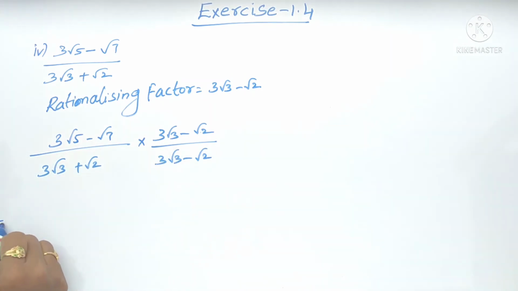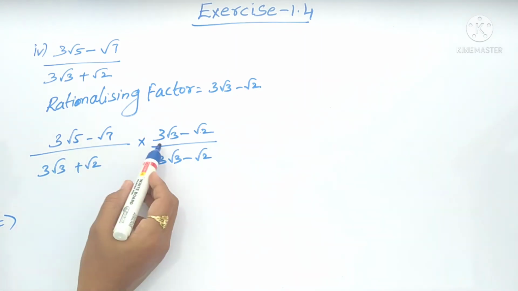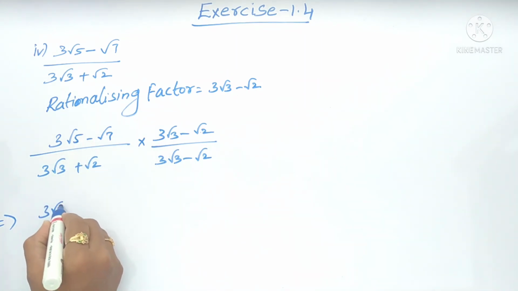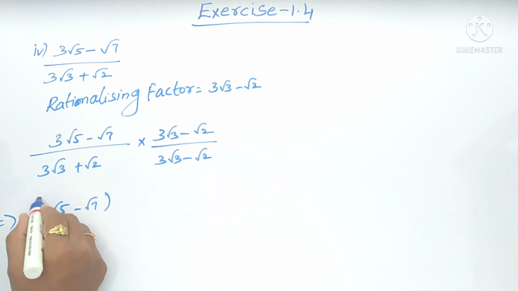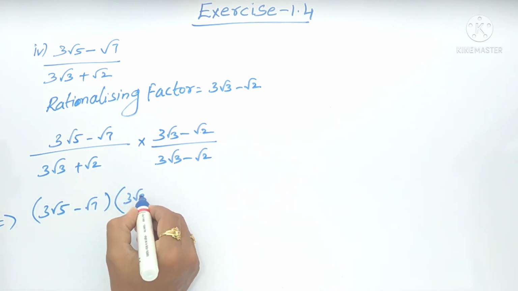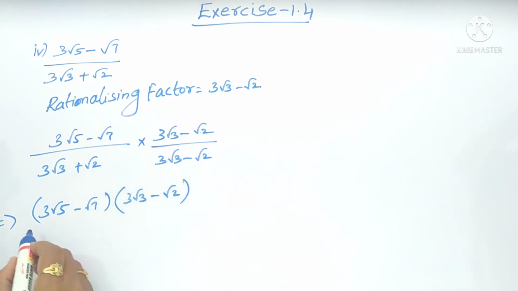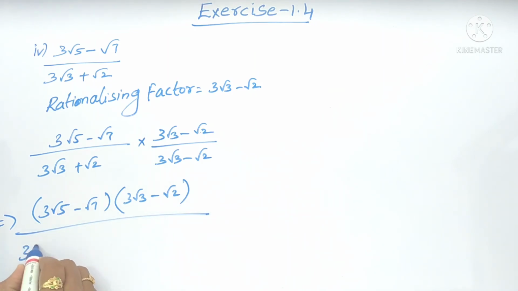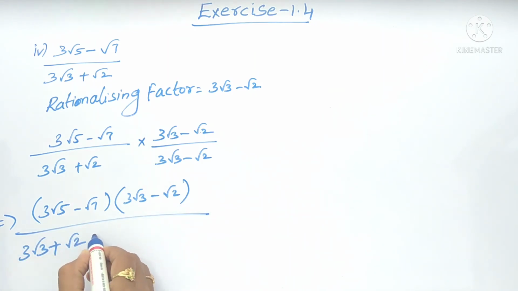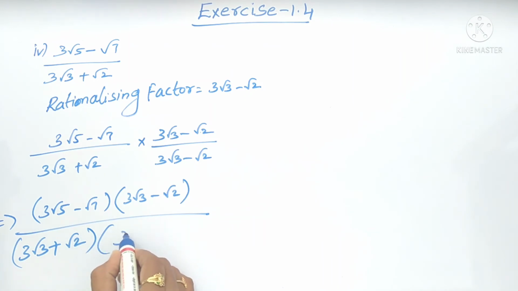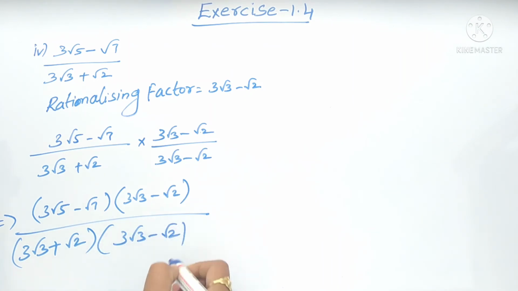So now you see here both terms are different, right? So we'll write 3 root 5 minus root 7 into 3 root 3 minus root 2 by 3 root 3 plus root 2 into 3 root 3 minus root 2.